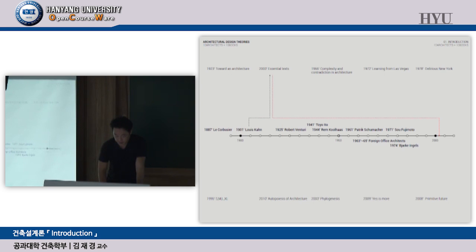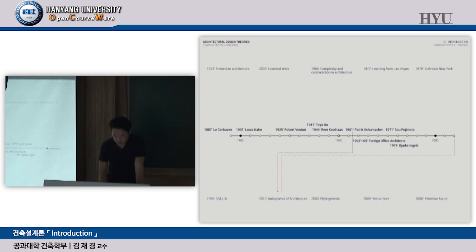Louis Kahn wrote many articles, but the collection of these articles was published late, in 2003. Venturi wrote Complexity and Contradiction in 1966, and Learning from Las Vegas in 1972. And Rem Koolhaas published the book Delirious New York in 1978, and Small, Medium, Large, Extra-Large in 1995.